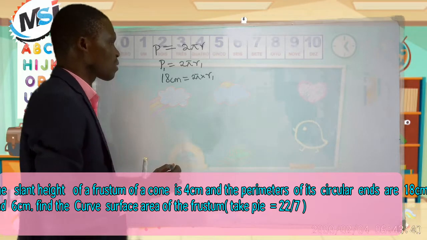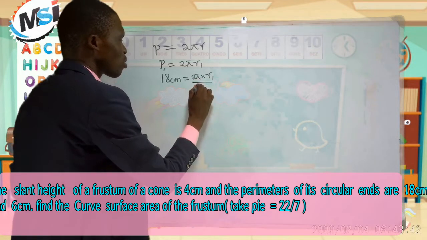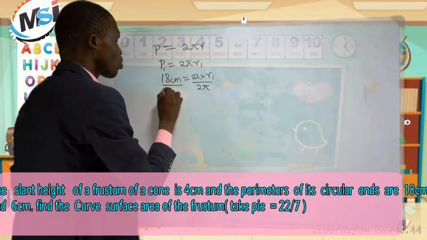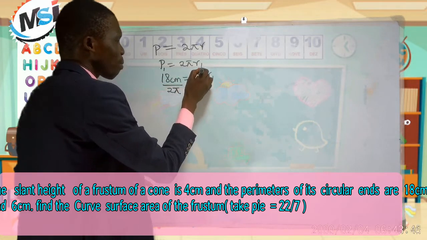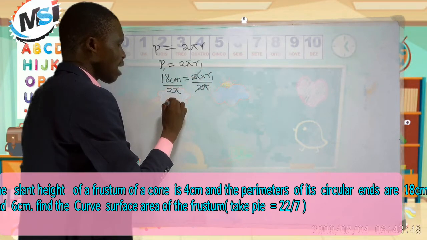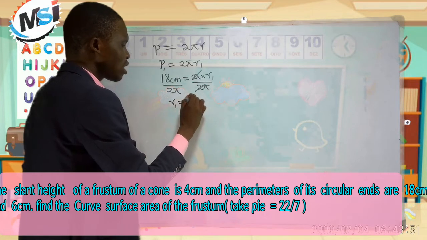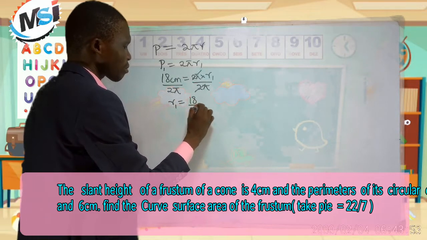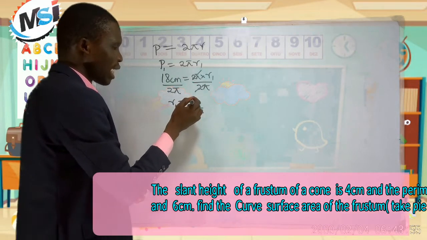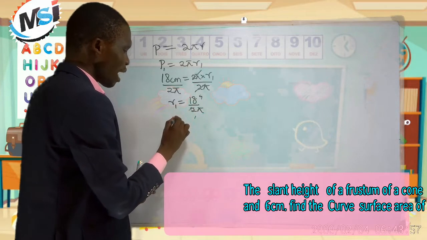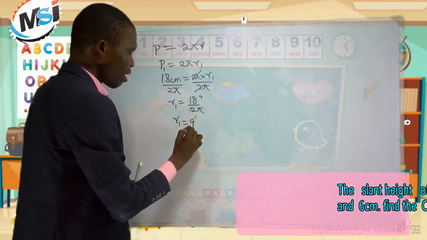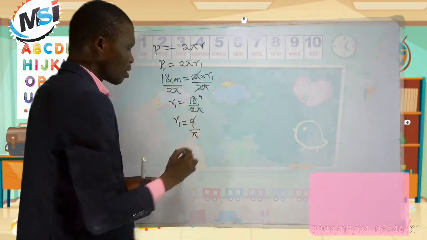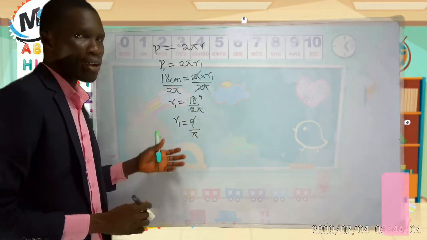To do that, you are going to divide by 2 pi on both sides. The 2 pi will cancel the 2 pi. R1 will give you 18 divided by 2 pi. 2 into 18 is 9. So R1 will give you 9 all over pi.